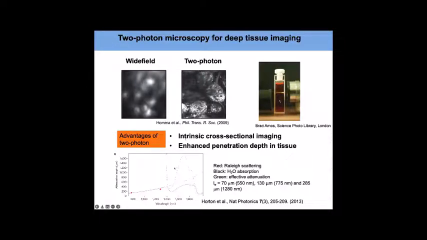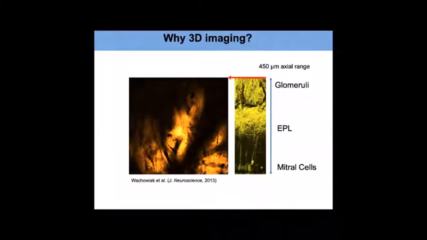This is showing an example of the attenuation length at two-photon wavelengths, which is roughly 130 or so microns in the mouse brain, and recent work pioneered by Chris Xu's lab has pushed this even further to develop three-photon microscopy.